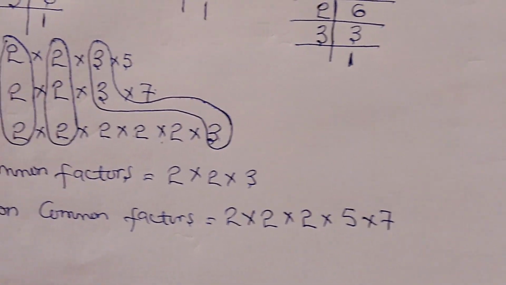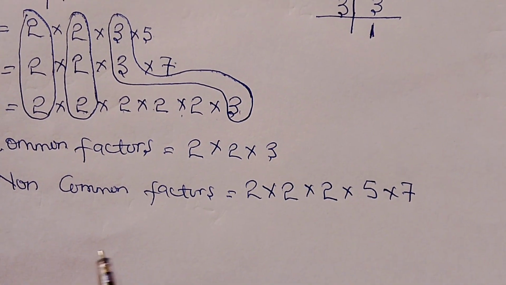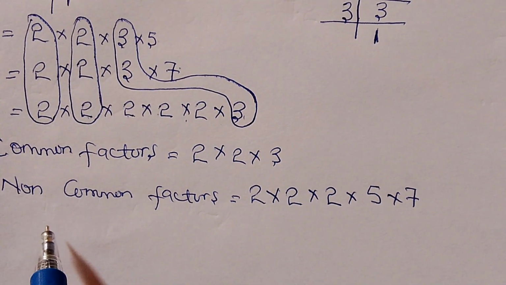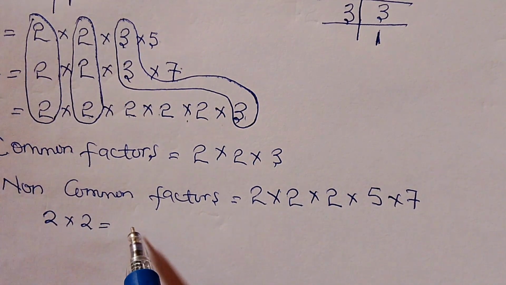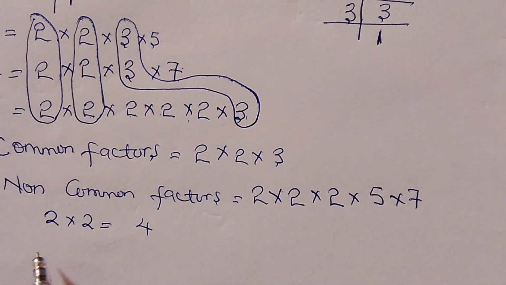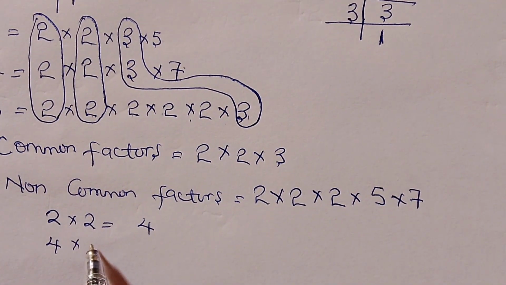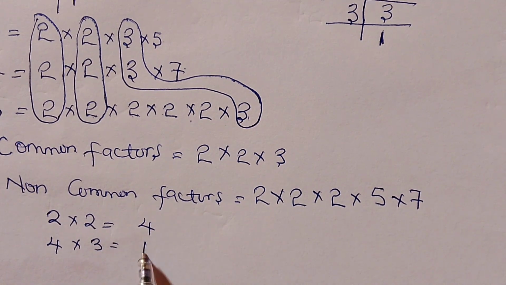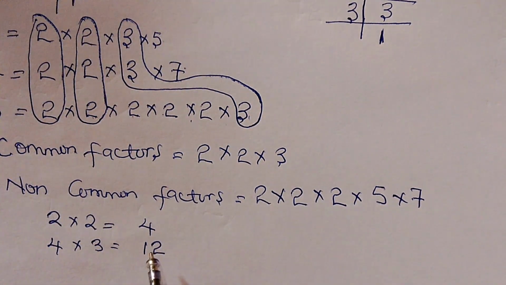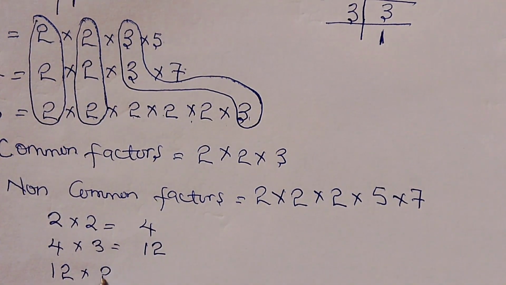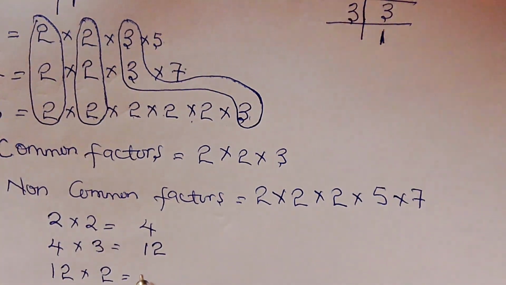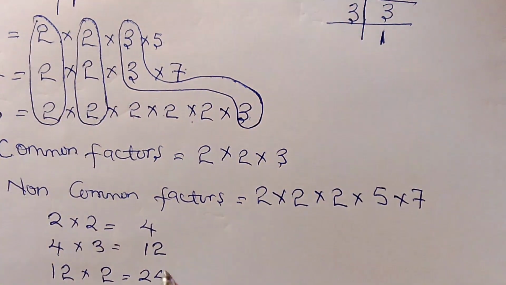So we're going to start with 2 times 2, which is going to give us 4. 4 times 3 is going to give us 12. So we're going to do 12 times 2, which is going to give us 24.